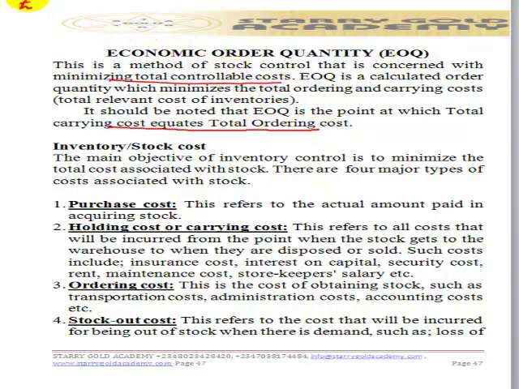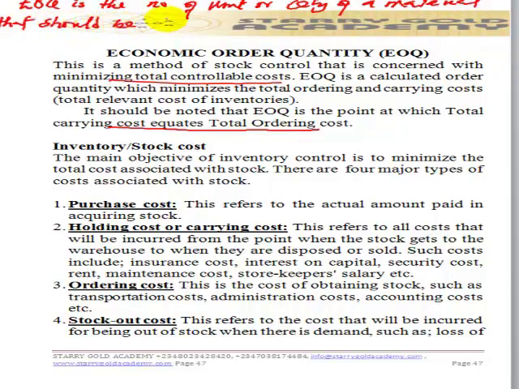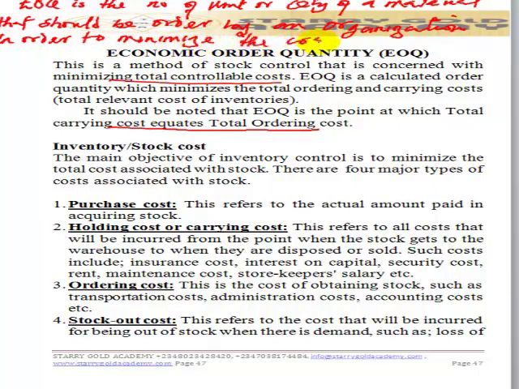Now, we can as well say that the economic order quantity is the number of unit or quantity of a material that should be ordered by an organization in order to minimize the cost of materials.